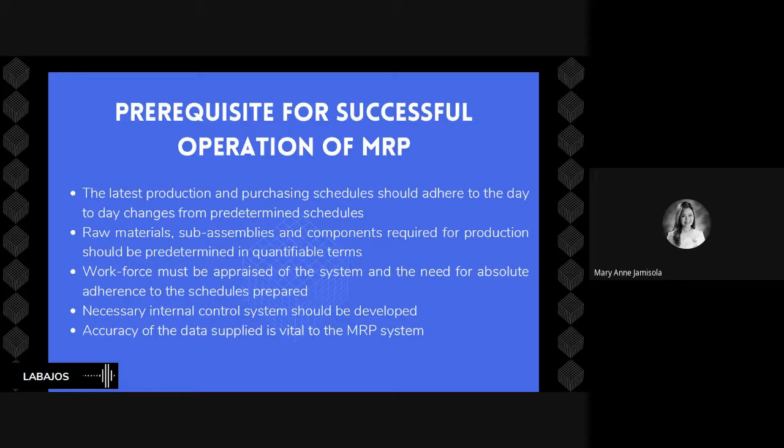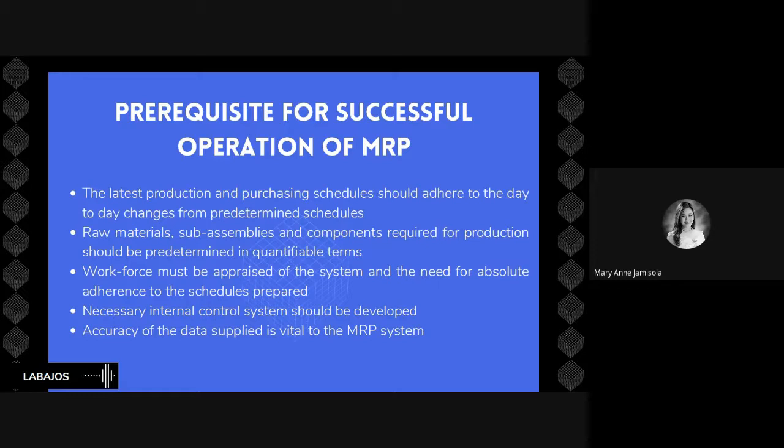Then, raw materials, sub-assemblies, and components required for production should be predetermined in quantifiable terms. Standards should be set for the consumption quantity, quality, mix, and yield of raw materials for every unit of finished product. So, at the start of our use of MRP, the system does not know how many units of raw materials are needed in order to produce the finished good.